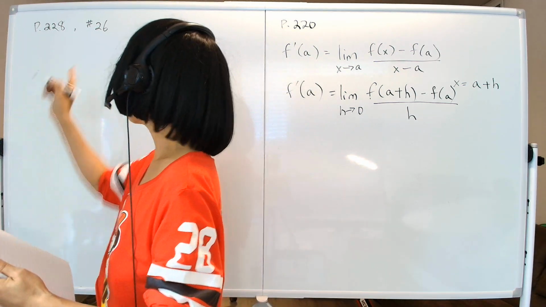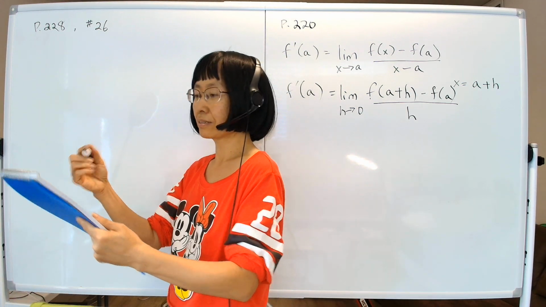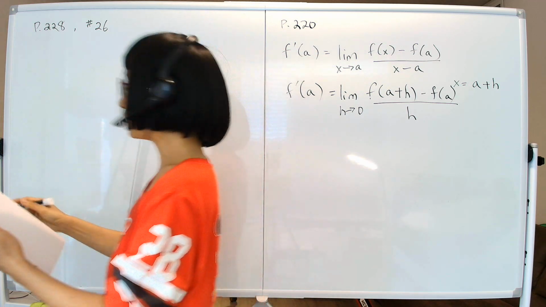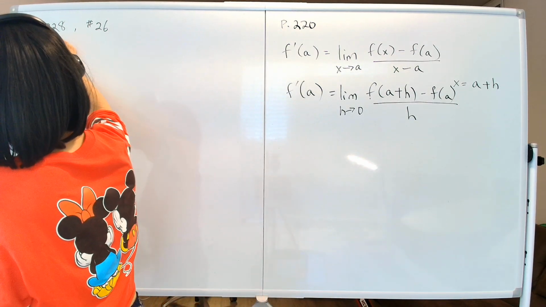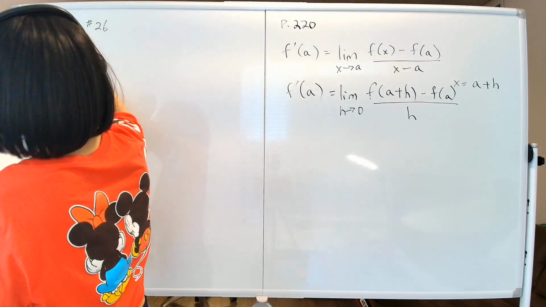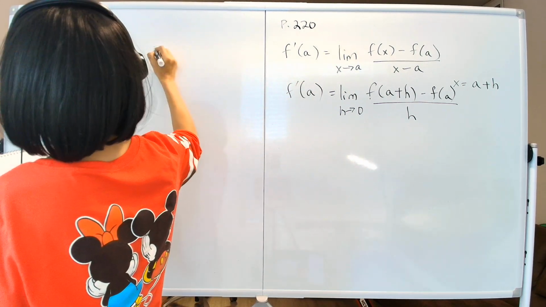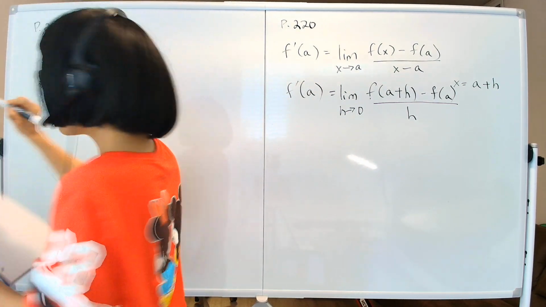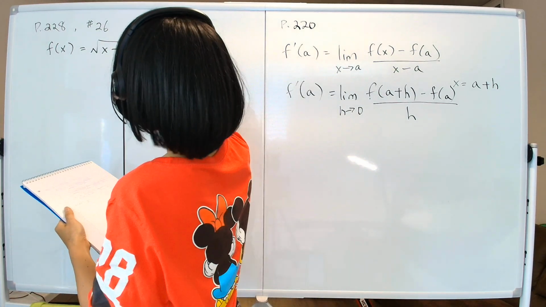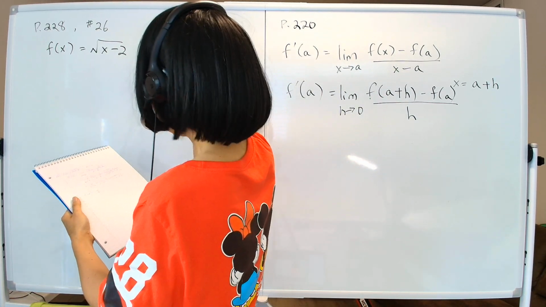And so let's look at problem number 26, assuming you have at least tried it. So we have f of x equal to the square root of x minus 2, and you're supposed to calculate f prime at 6.